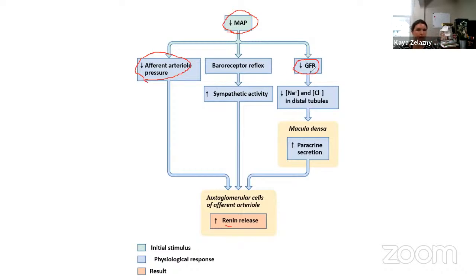When we have a drop in that fluid coming through, we ultimately have a drop in the concentration of our ions in the distal tubules, which tells these macula densa cells, some specialized cells, to send a paracrine signal to other juxtaglomerular cells, telling them to release renin. Okay.